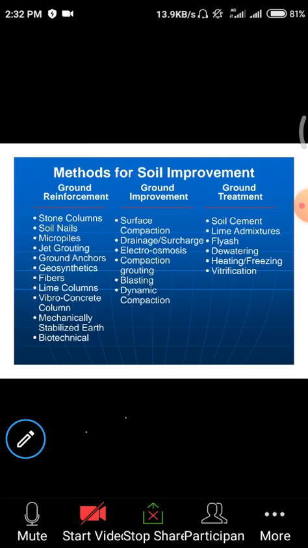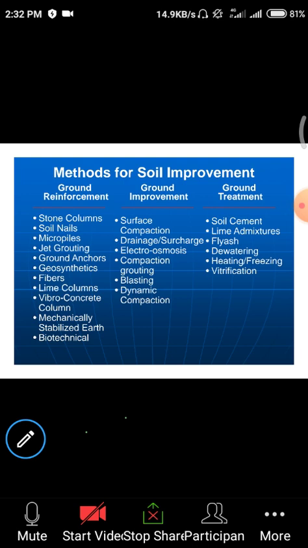Next one, we have ground treatments. We need to treat the ground, like soil cement and lime admixtures, fly ash, dewatering, heating, freezing and vitrification. Soil or ground treatment means the top layer of the soil will be treated with some amount of additive materials like soil cement.